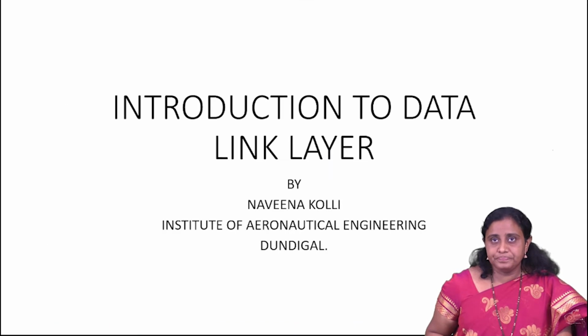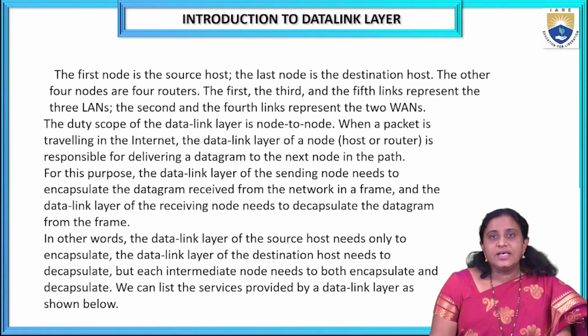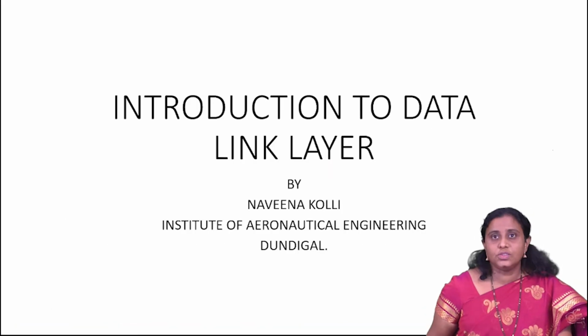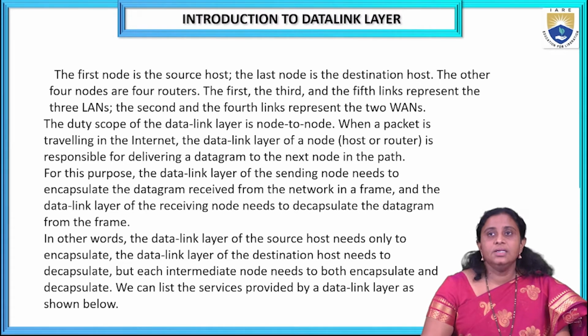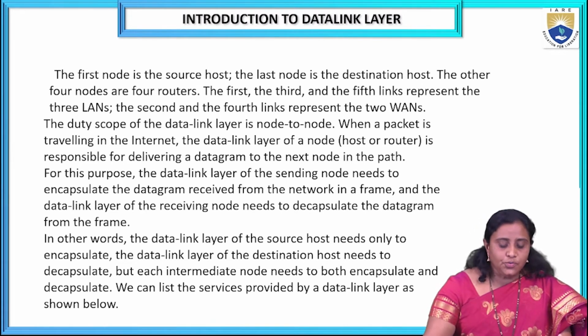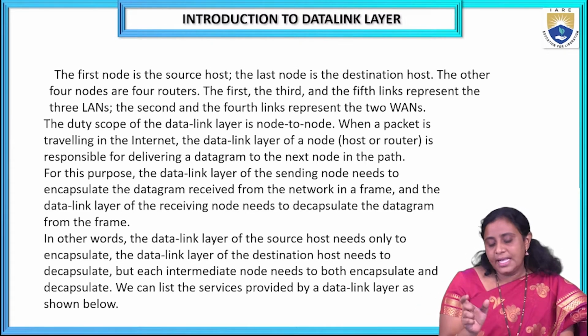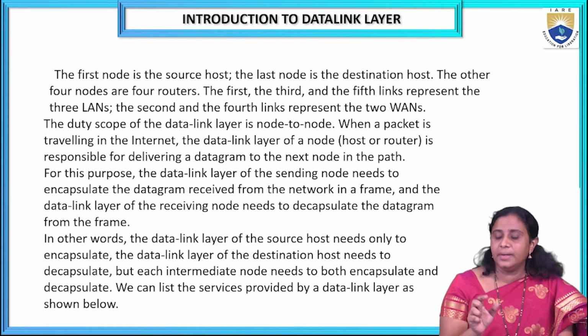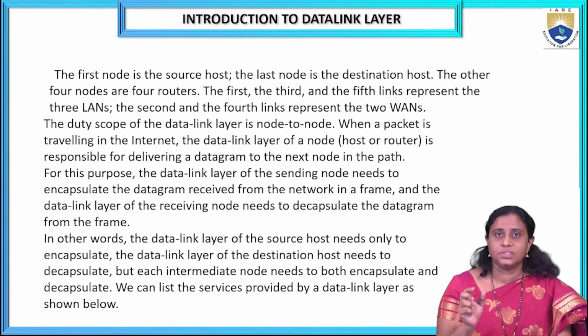First of all, regarding the introduction to the data link layer, the first node is the source node and the last node is the destination node. The transport in the data link layer is node to node. That means one node is considered as the source host and the last node is considered as the destination host.